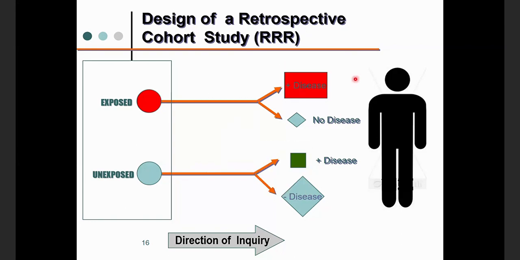Retrospective, the disease has happened already. You just observe them by looking at, for example, a record review. You are interested to know about smoking and heart disease, so you go to the hospital, ask permission, get the ethical clearance, and request the medical records, that means from the medical ward.